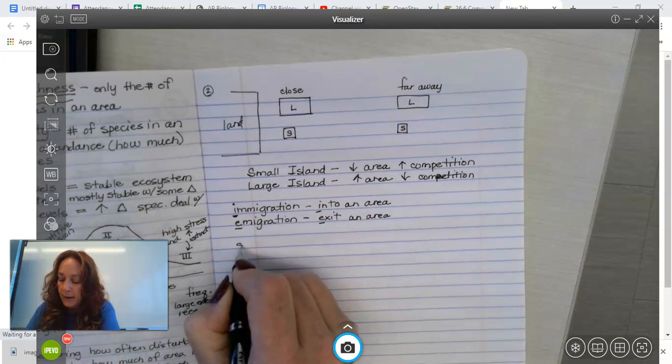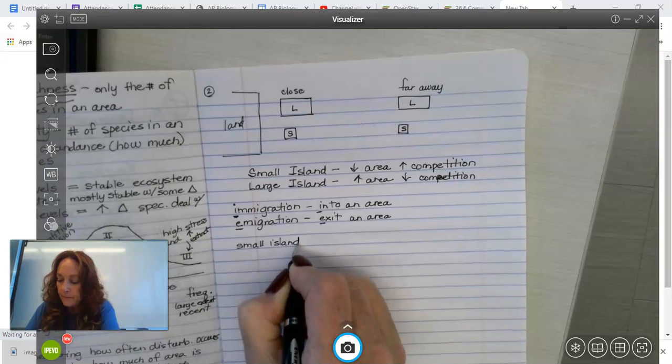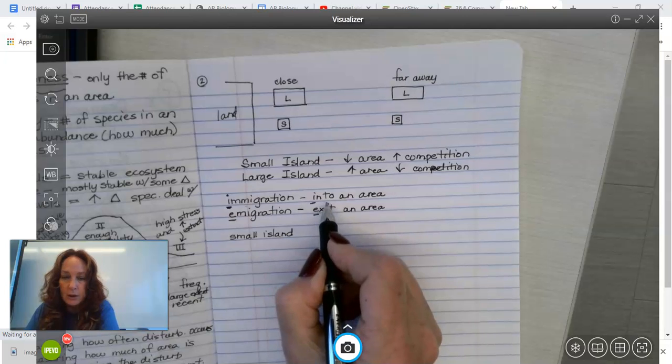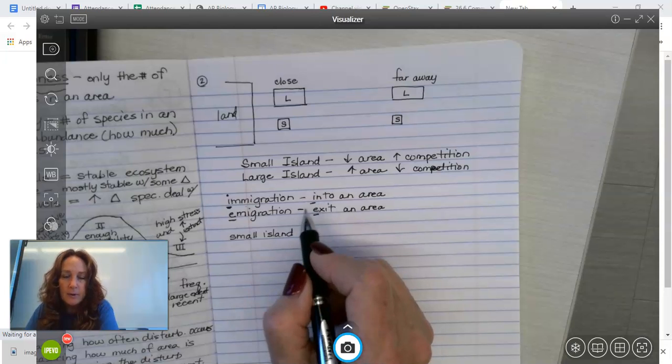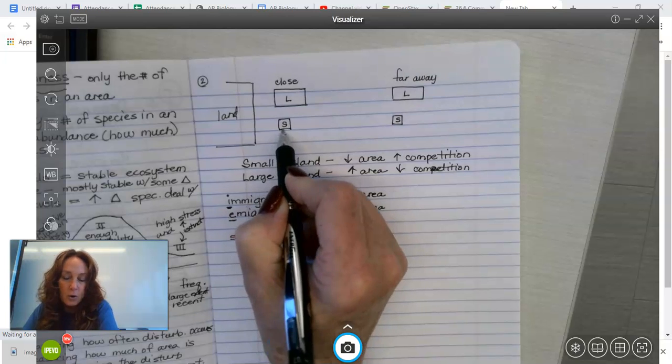So when you have a small island, you're going to have less immigration because of the organisms that are coming there, you have a smaller target because you're coming from another place and it's less area, it's harder to get there.